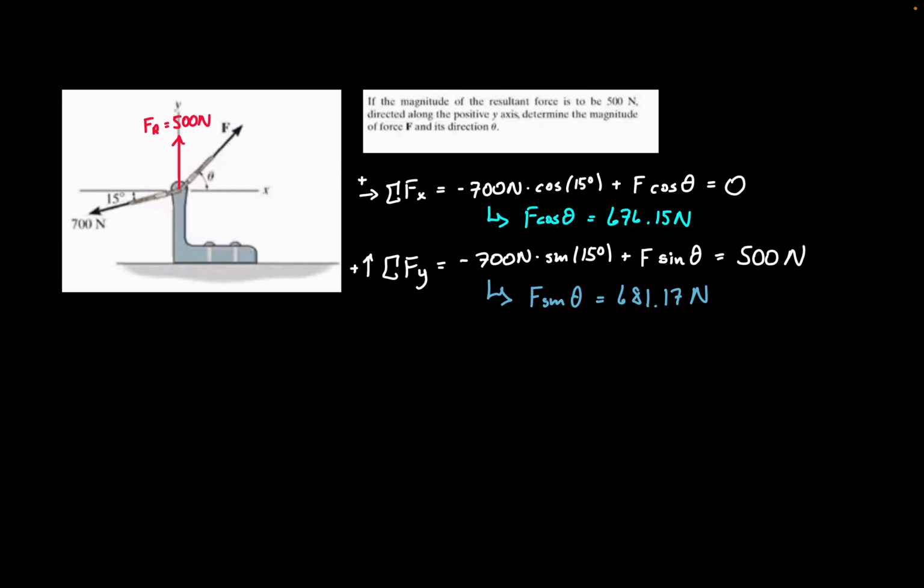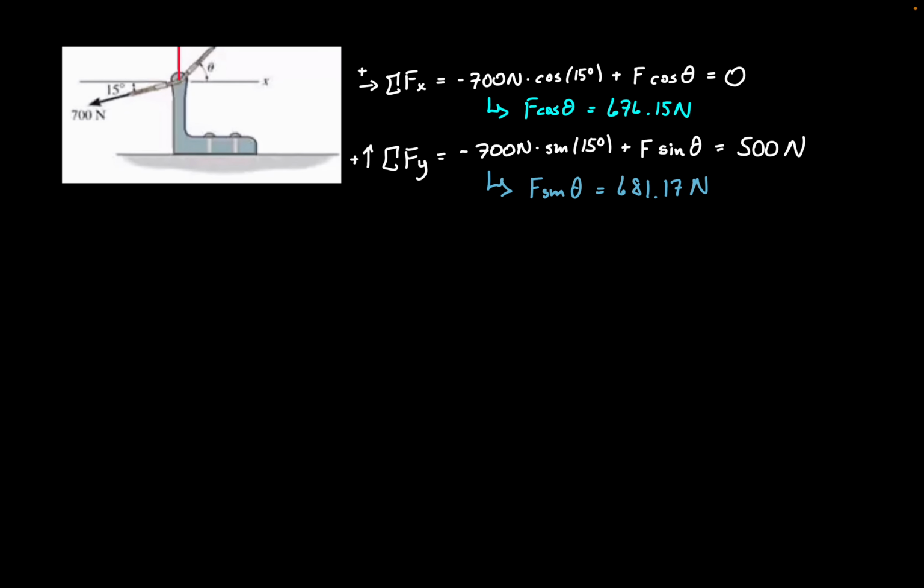Now one thing that's kind of neat, so instead of, let's say, dividing by cosine or dividing by F and then trying to substitute, we can get a little bit clever here and actually use trigonometry to help us solve this. So we can start out by saying F sine theta divided by F cos theta is going to be equal to 681.17 newtons divided by 676.15 newtons.